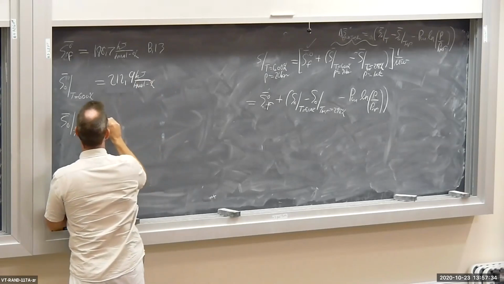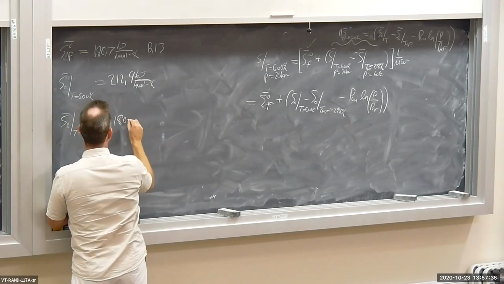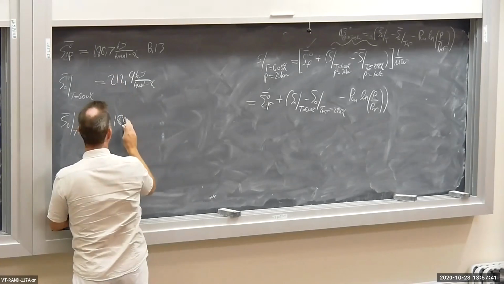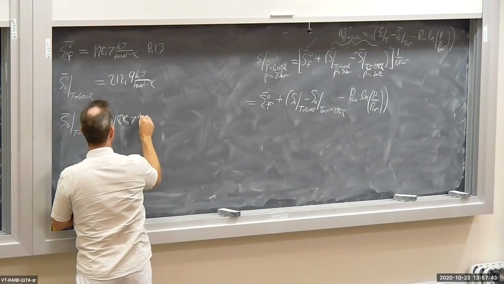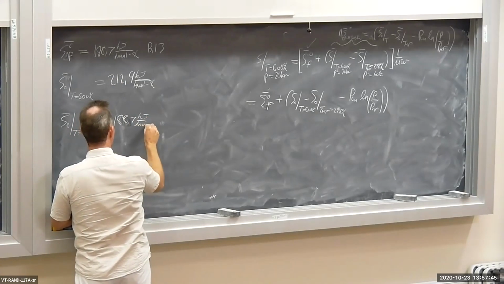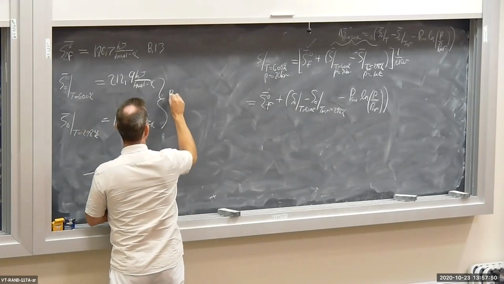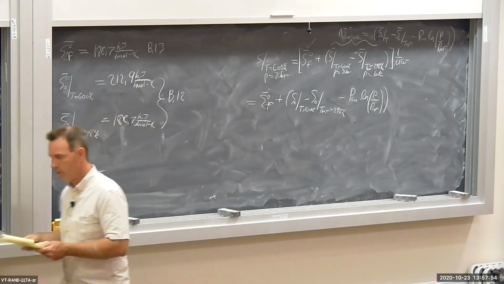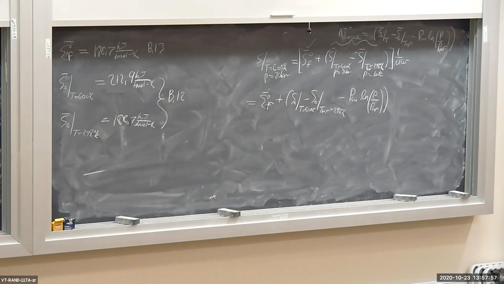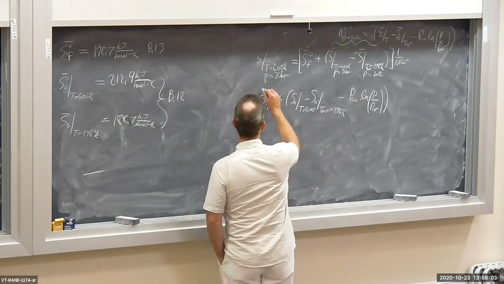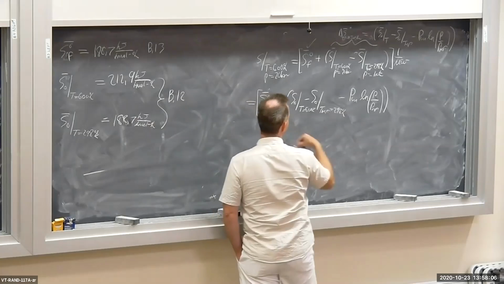And we also have 188.7 kilojoules per kilomole degree Kelvin. So I got these from B12. Okay? Okay, I think we're ready to plug in. Oh, and I forgot to divide this by the molecular weight.